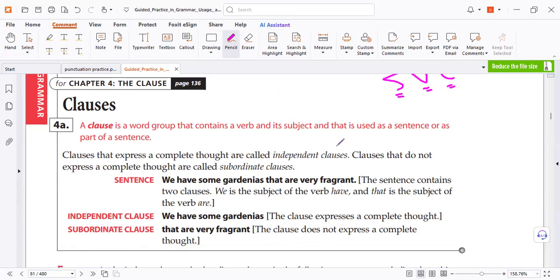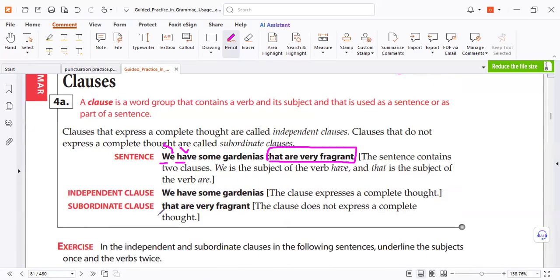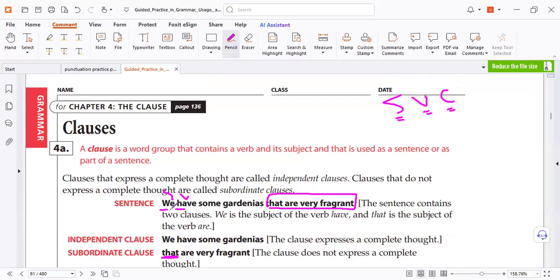Okay, let's find it. We have subject, verb. We have some coordinates. How about this? This is called the relative clause. And I told you to find the subject and the verb quickly: delete all the phrases, delete all the relative clauses, delete all the non-essential information.